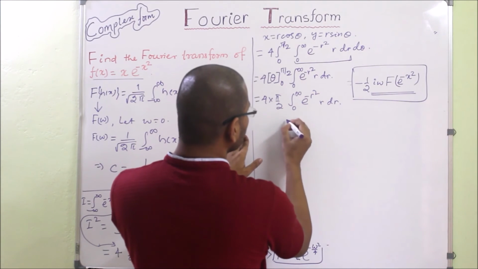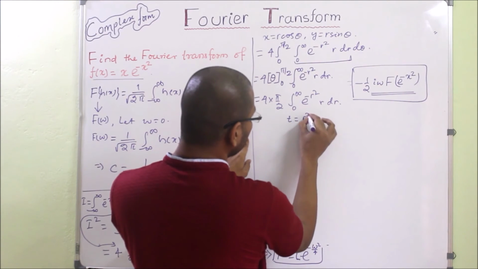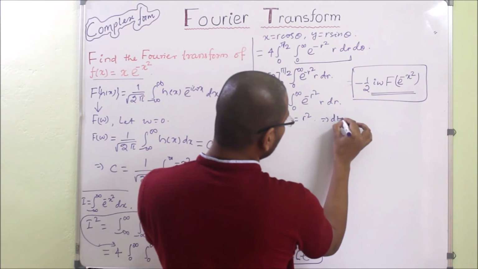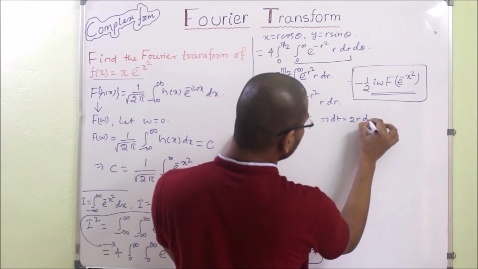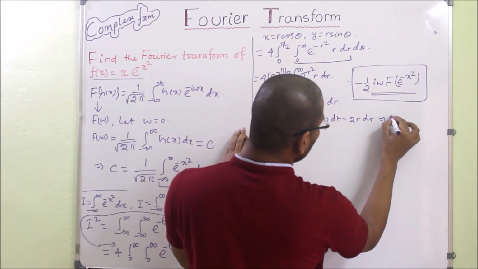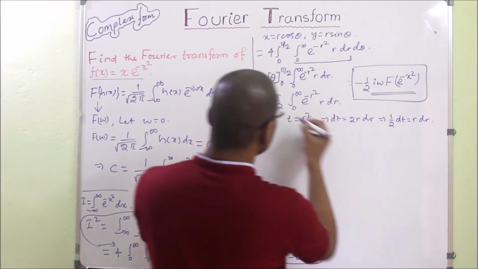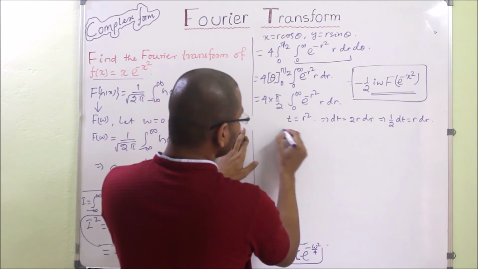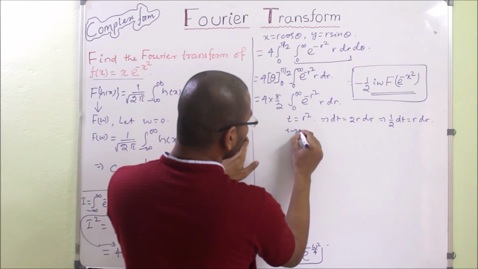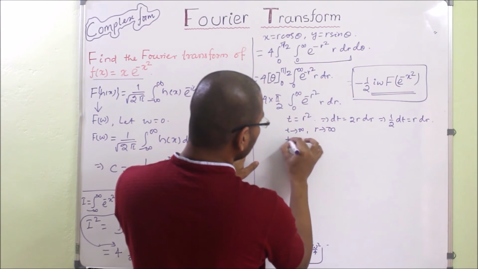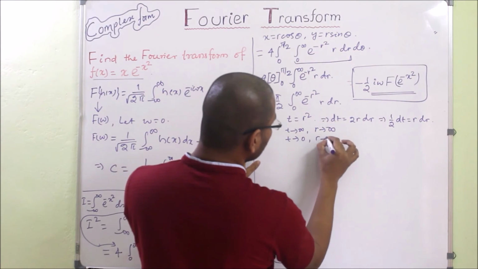So what will we take? We will take substitution. Let t equal to r square. Then dt equal to 2r dr, or 1 by 2 dt equal to r dr. Now we will replace this value. And if r tends to infinity, t tends to infinity; if r tends to 0, t tends to 0.